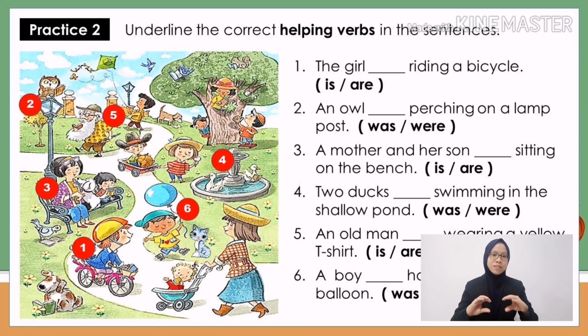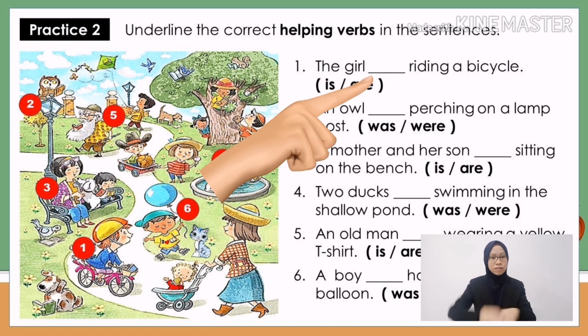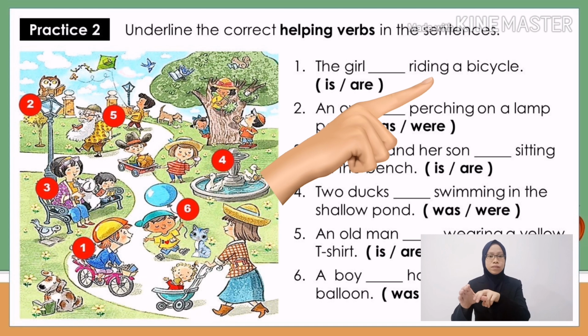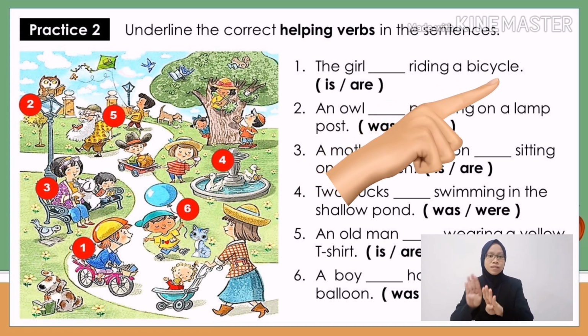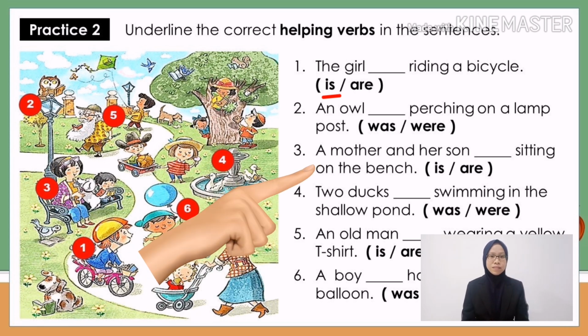Let's try the helping verbs practice. Number 1. The girl blank riding a bicycle. Do you know the answer? That's correct. The answer is is, because the girl is a singular subject. Now, let's look at question number 3.